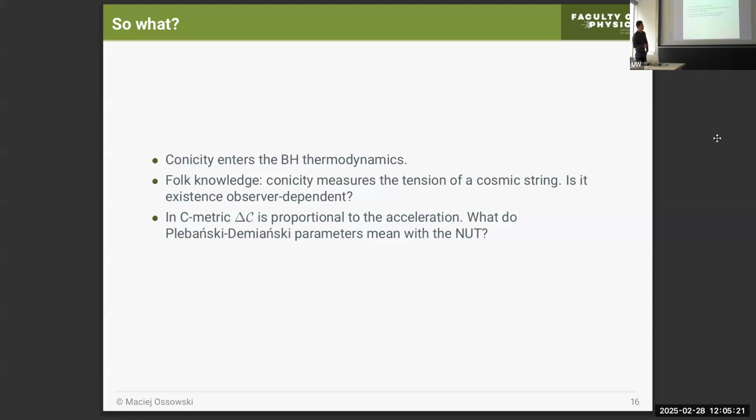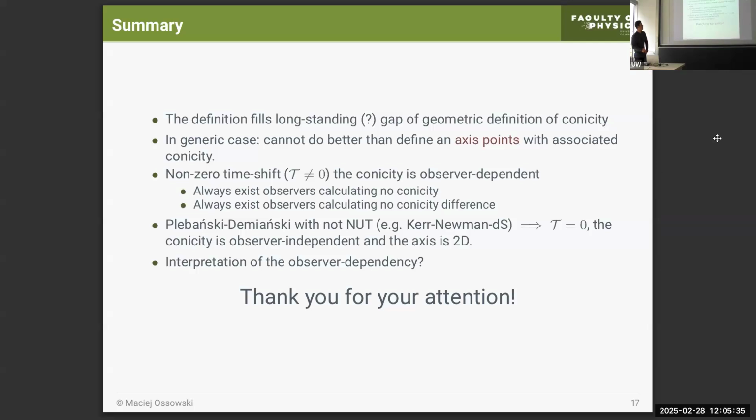However, this cannot really be so easily extended to the cases with the NUT parameters. Okay, so I think I can end with this. Thank you.